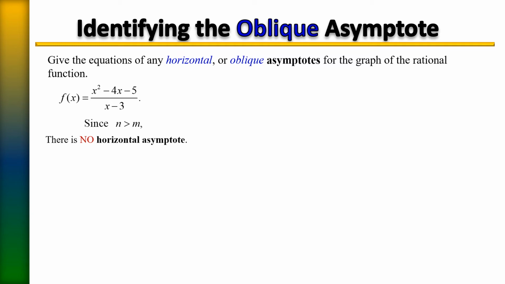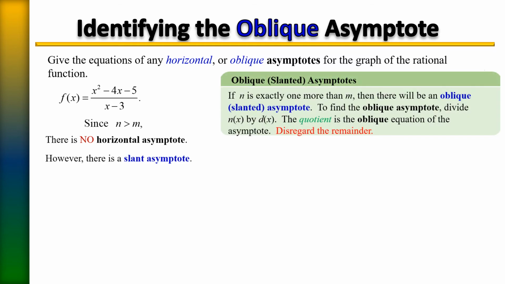However, there is an oblique asymptote because the guideline for an oblique asymptote is if the degree of the numerator is exactly 1 more than the denominator, then there will be an oblique or slanted asymptote.